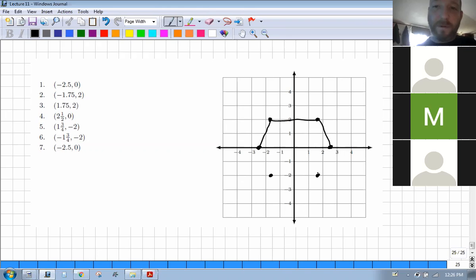Connecting them in order. All right, 1 3/4 is the same as 1.75.